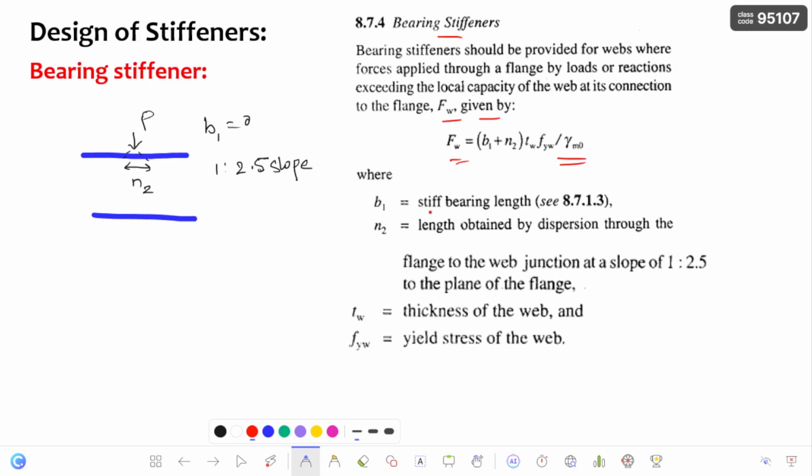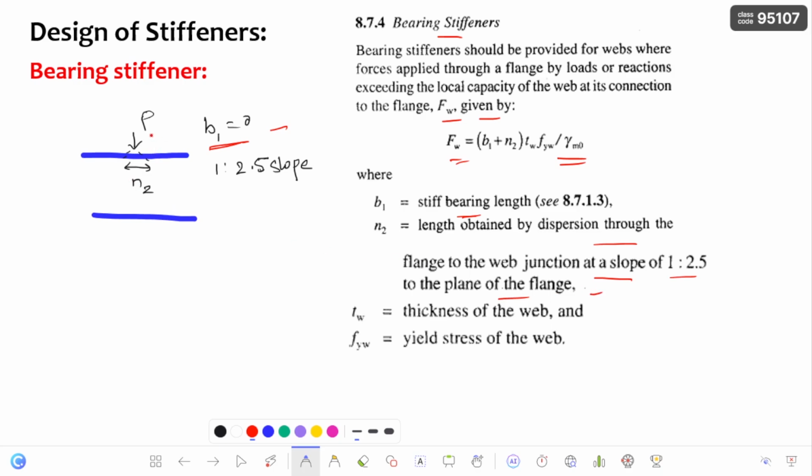What is this B1? It is nothing but the stiff bearing length. I already explained about this stiff bearing length. Whenever the load is acting concentrically, B1 is nothing but 0. If it is acting as a patch load, a certain width should be there. And next, coming to the N2, this is the length obtained by dispersion through a flange to the web junction at a slope of 1:2.5 to the plane of the flange.